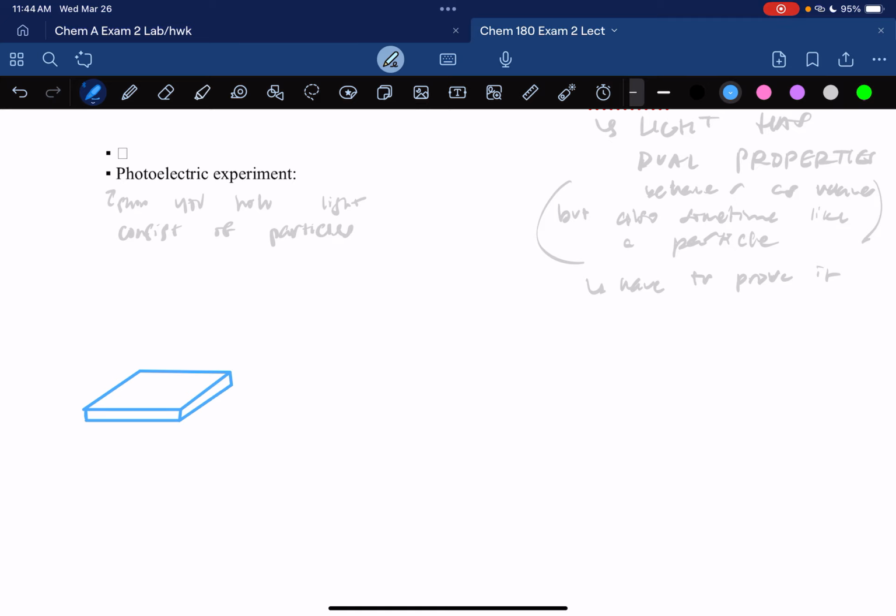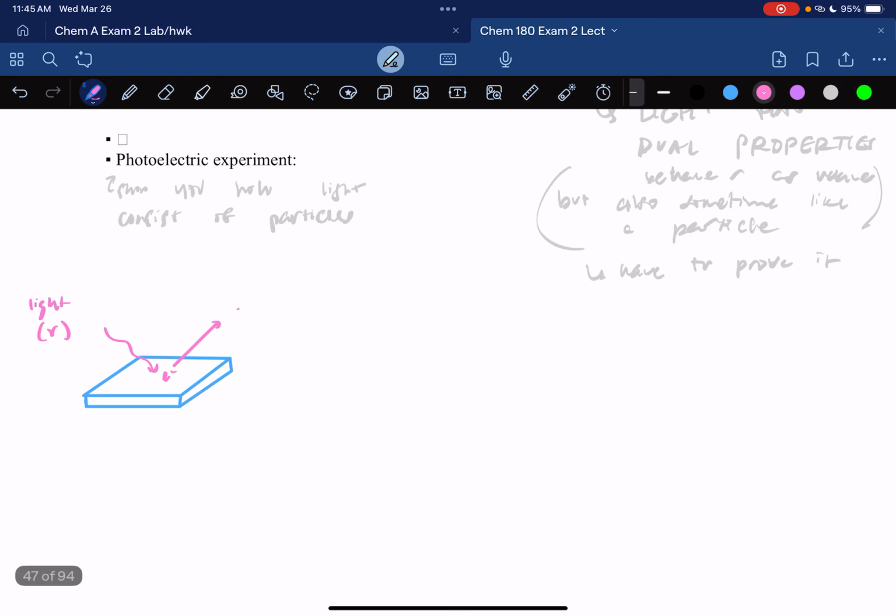When the frequency of the light is high enough, then the electrons could get ejected.